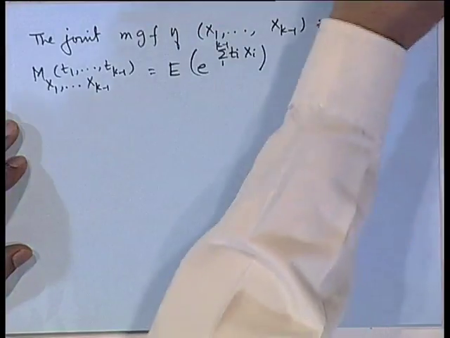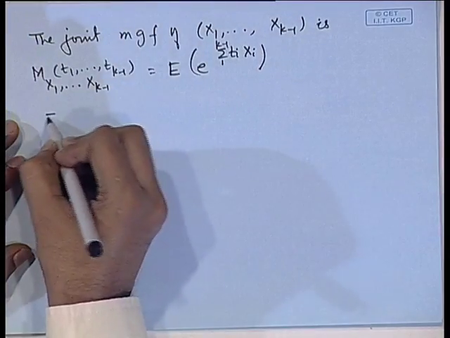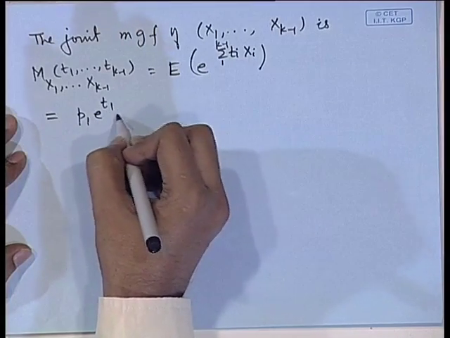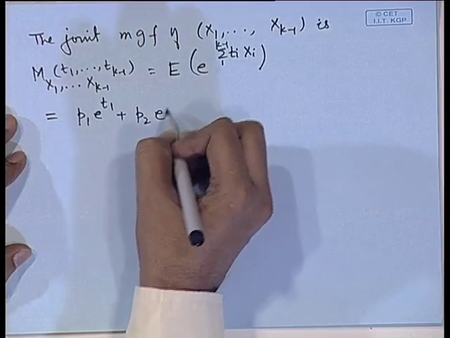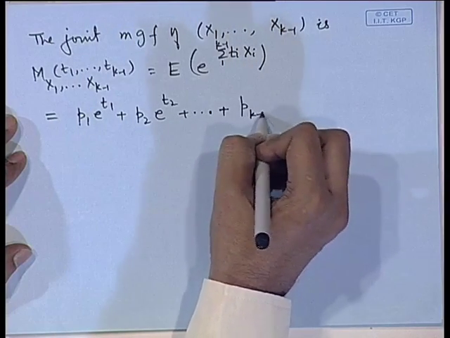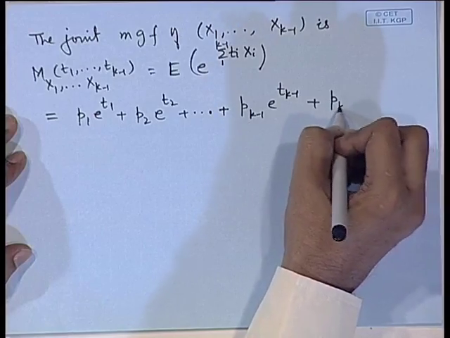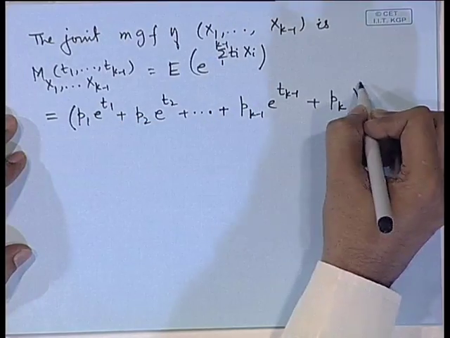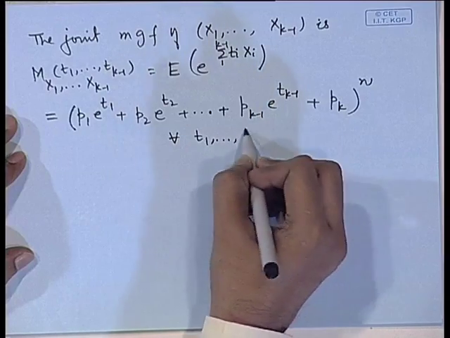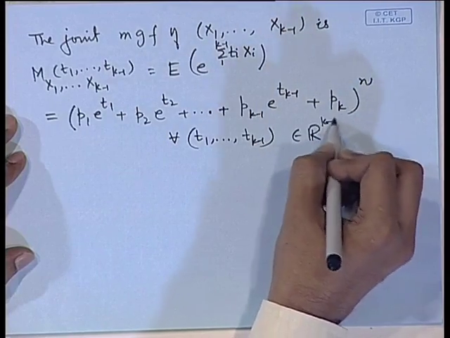So, if we want to calculate this term, it will become p 1 e to the power t 1 plus p 2 e to the power t 2 and so on, plus p k minus 1 e to the power t k minus 1 plus p k, to the power n, and this is valid for all t 1, t 2, up to t k minus 1 belonging to R k minus 1.